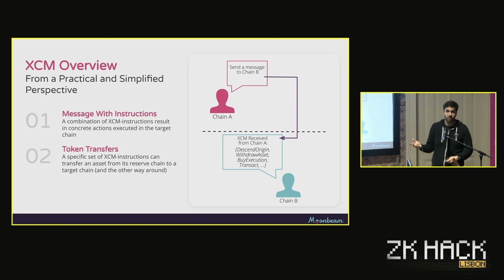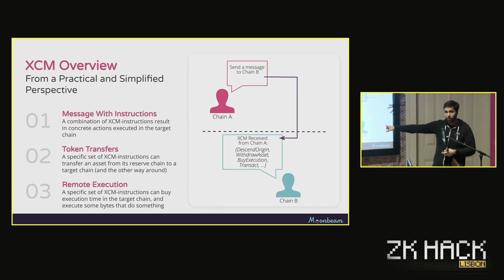One famous use case of XCM is token transfers. That's the first thing everyone likes to do. Once again, a combination of XCM instructions results in tokens being transferred. The one we're going to focus on today is remote execution: combining XCM instructions so that you can execute code on another parachain using XCM.